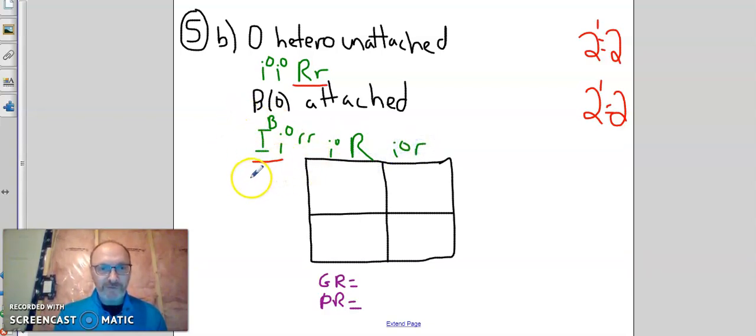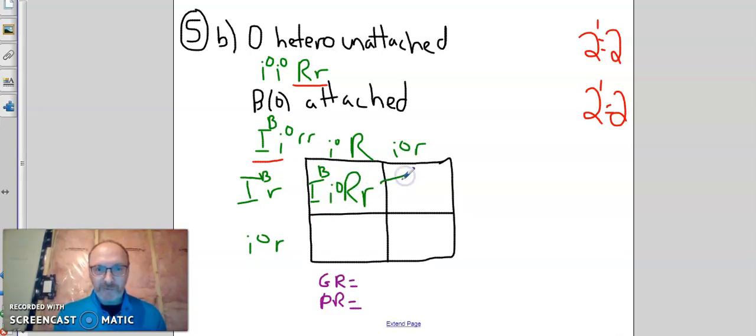This individual we'll put on the side, so we've got big I^B, little r, and then i^O, little r. So all we have to do now is fill that in. So this is I^B i^O, and then big R, little r.